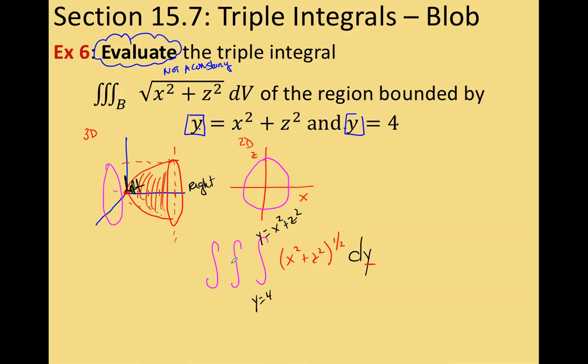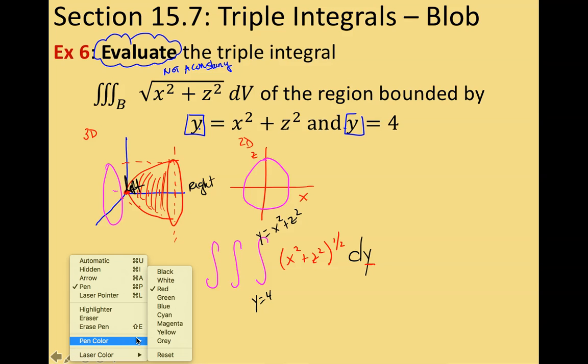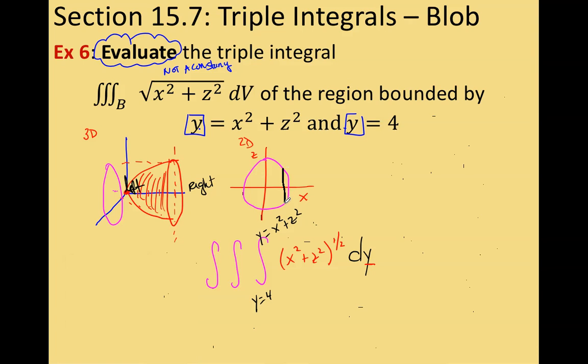Now go to your 2D region. If I draw these strips, look at those strips. That means I'm going to be D what next? Z, right? So this again is the top of the circle. What's that equation?